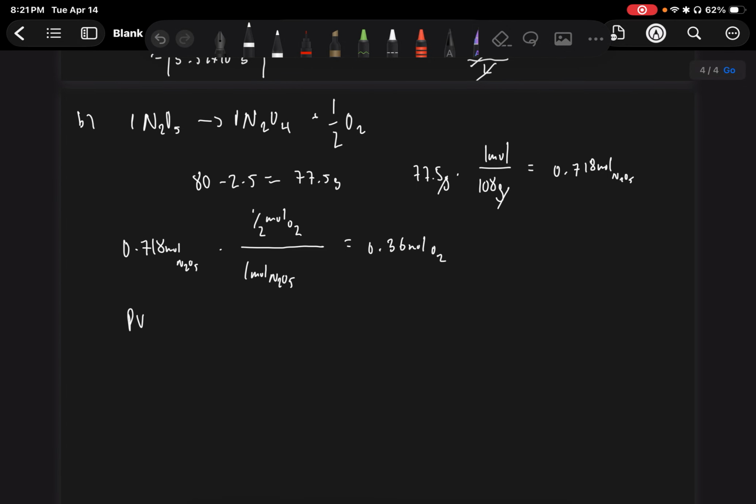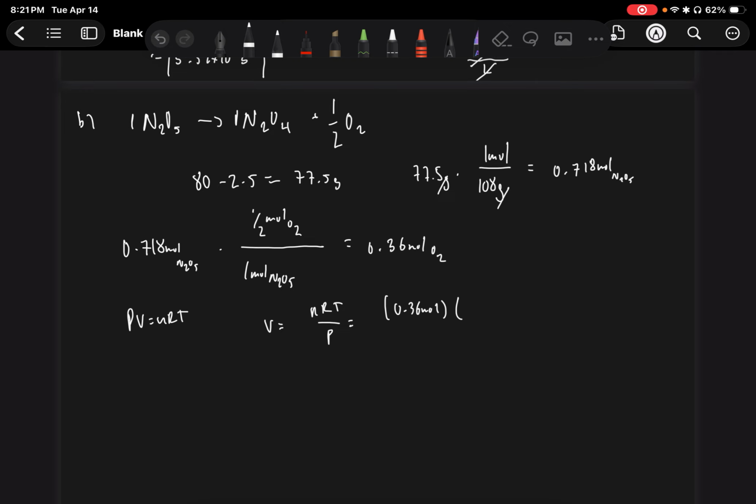Okay, so now PV equals nRT. What are we looking for? Volume. Volume equals nRT divided by P. So 0.36 moles multiplied by the R constant. What's the R constant, bro? Oh my god, bro.